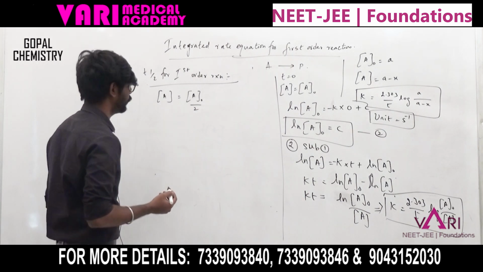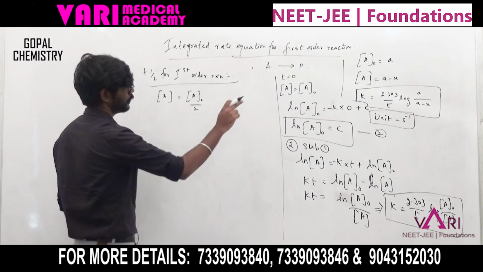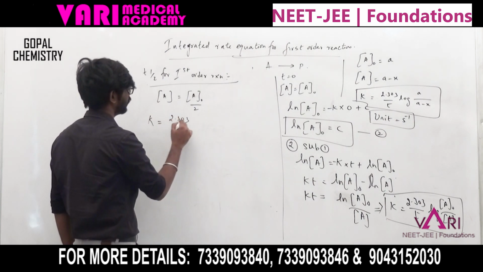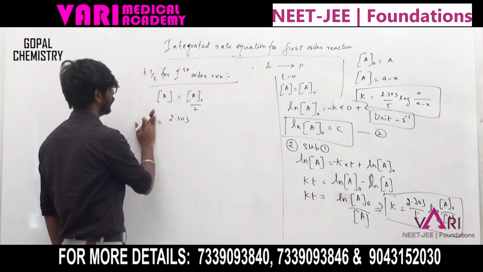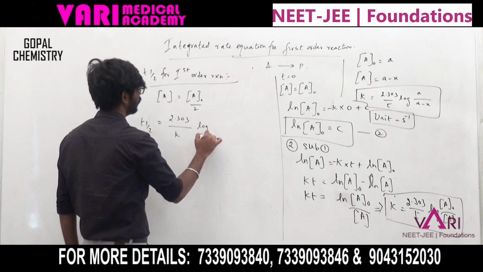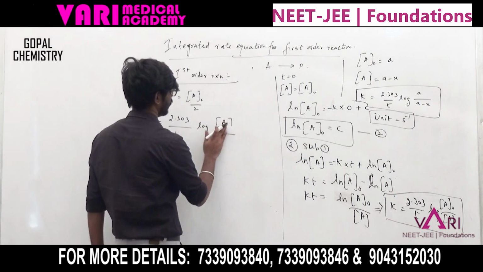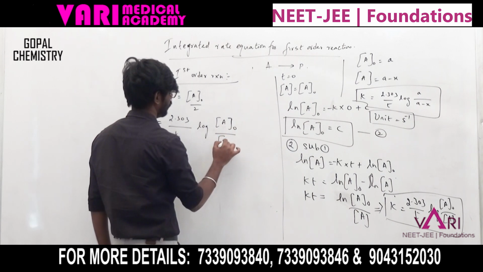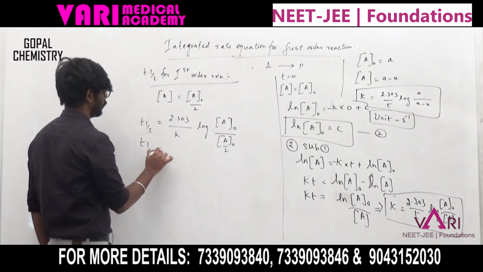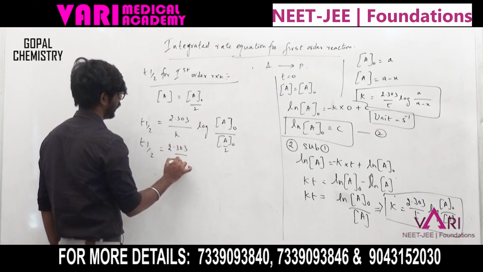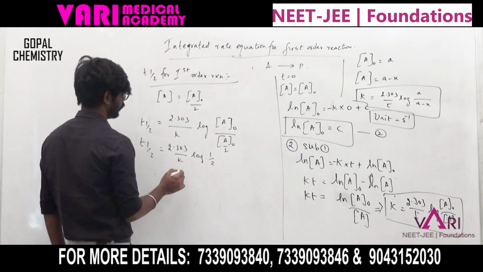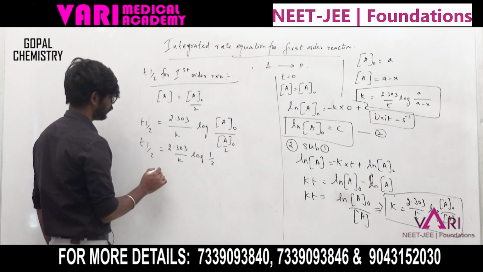We put that in the integrated rate equation 2.303, as we are finding t half. So we take k to this side, log A naught by A naught by 2, which means we get 2.303 divided by k log 2.